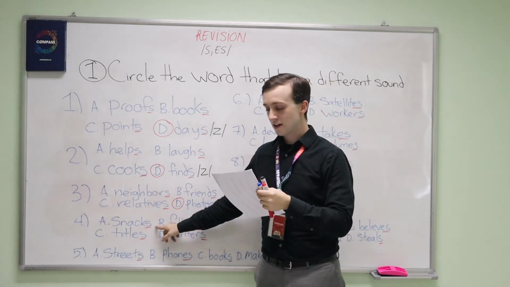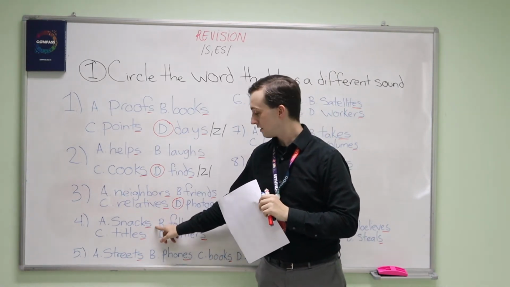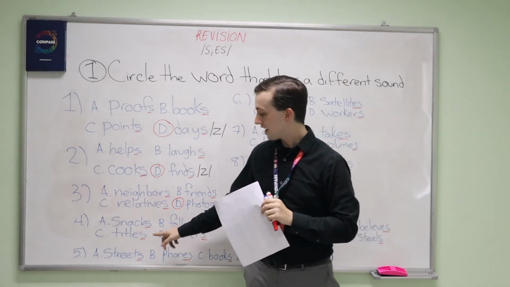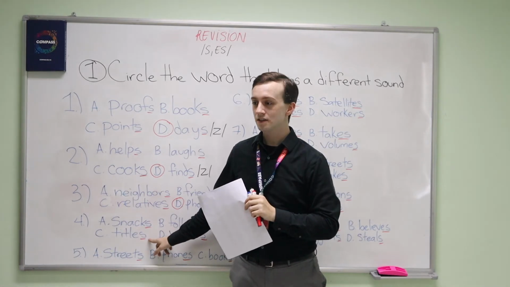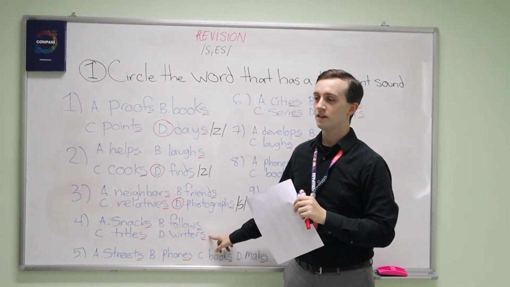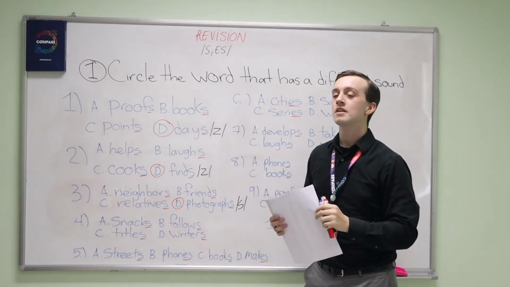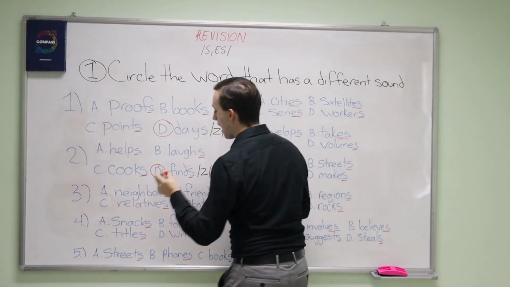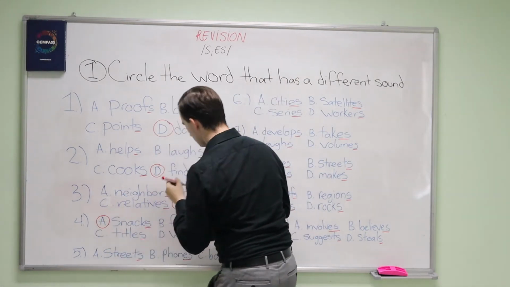Okay, question number 4 now. A is snacks. B, follows. C, titles. And D, writers. Which is different? Question 4, the answer is A. A is different.